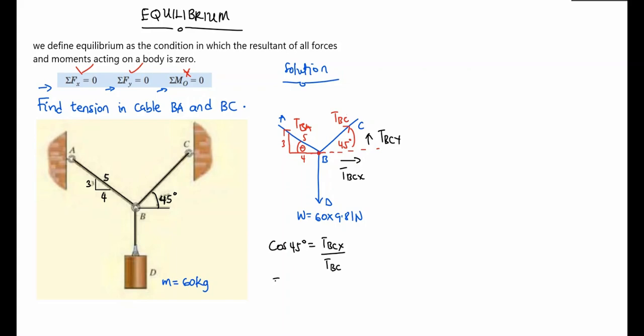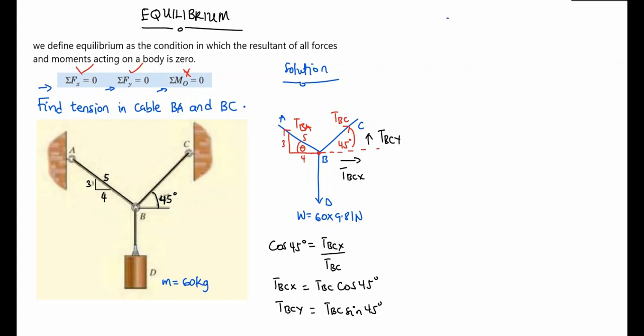So the x component TBCX will be equal to TBC cosine of 45 degrees, and then the y component TBCY will be equal to TBC sine of 45 degrees.